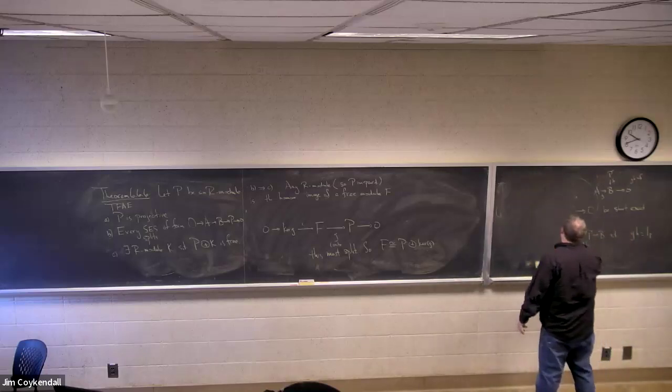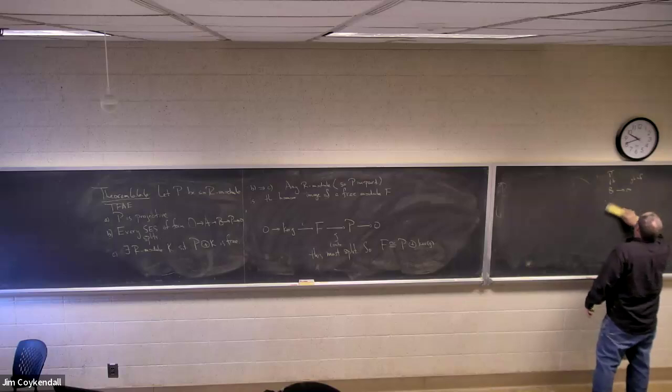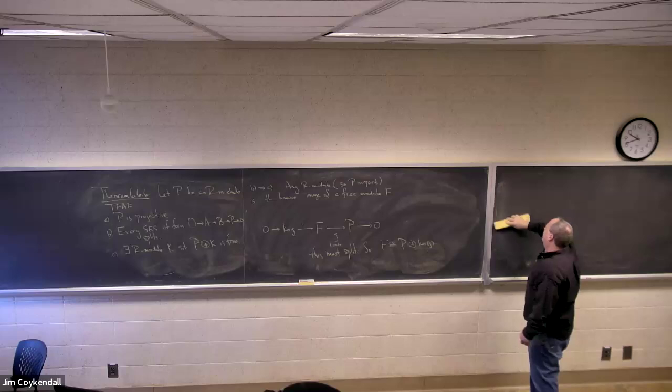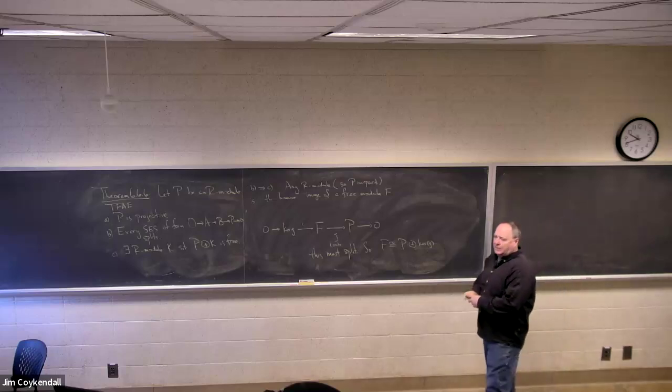Now we need to just round it out and show that if you have a module that is a summand of a free module, then it has to be projective. And so how are we going to go about that?